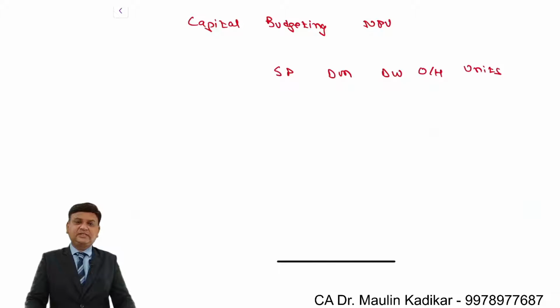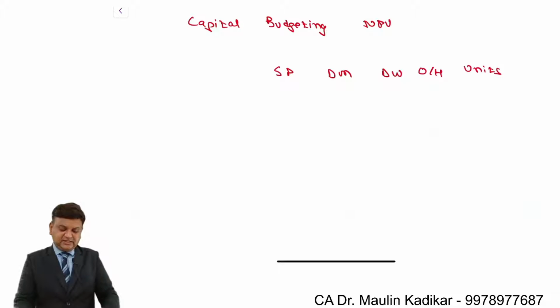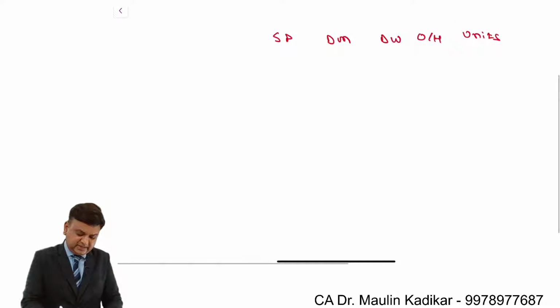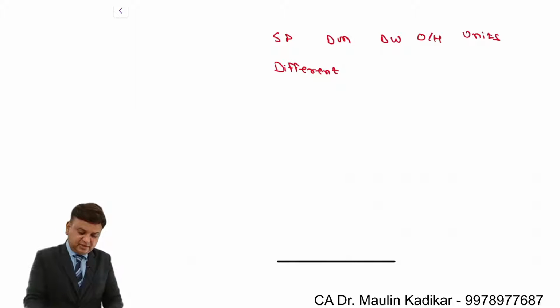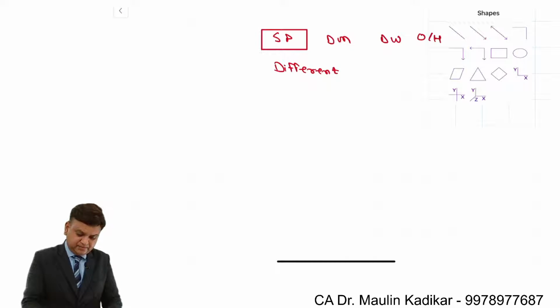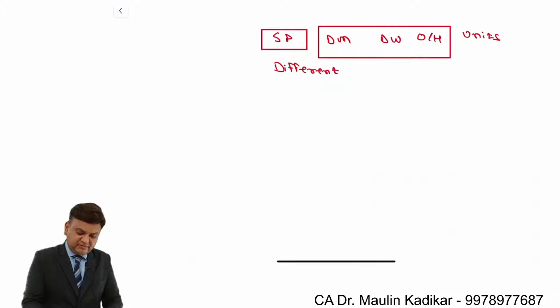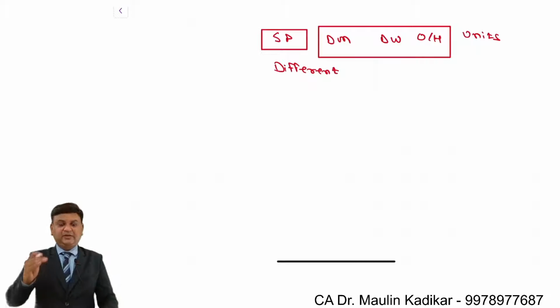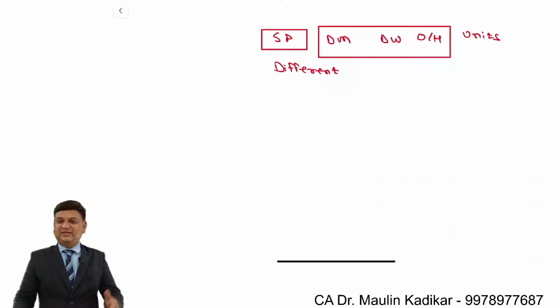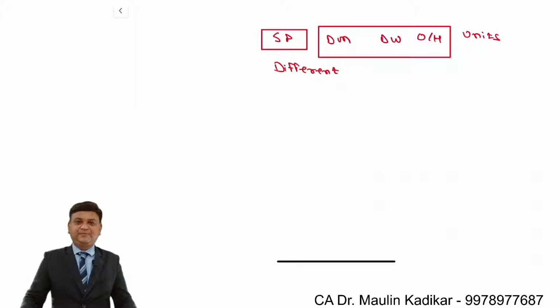Now all these things, whatever forecasting we make, we know that the things can be different than what we anticipate. In terms of the revenue and in terms of the expenses, the things can be different. Obviously, if the revenue increases, the management would always be happy.